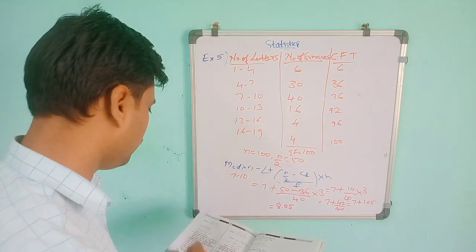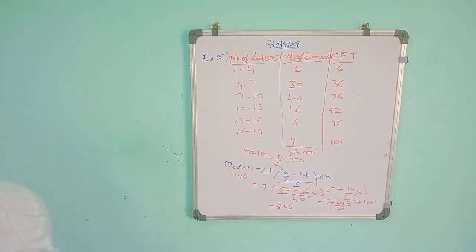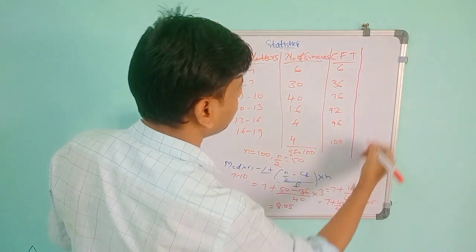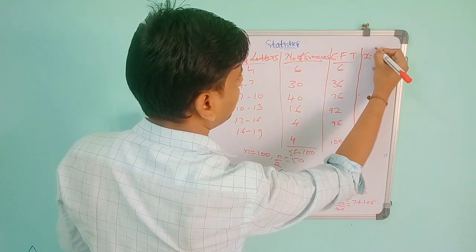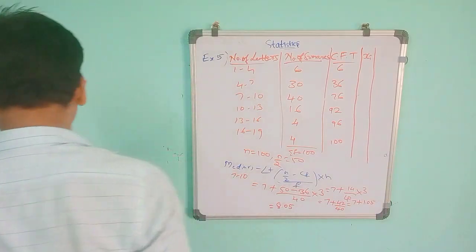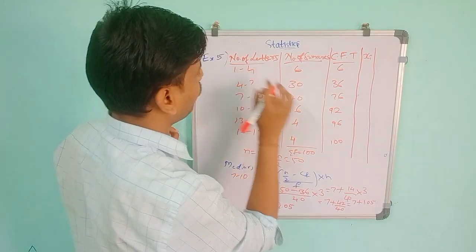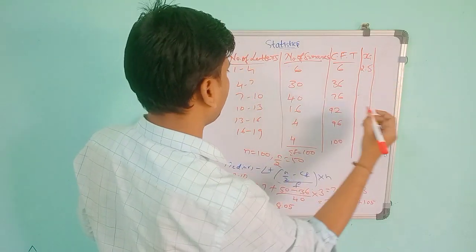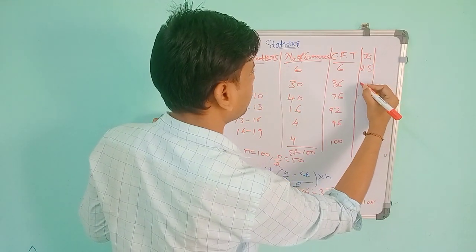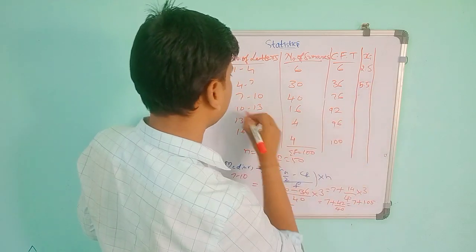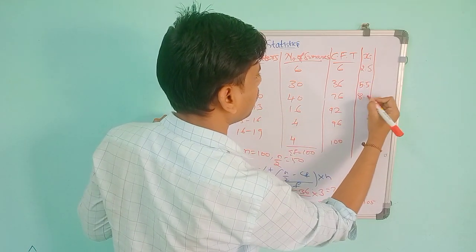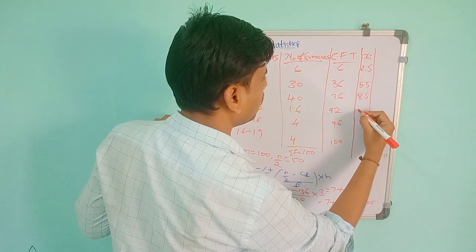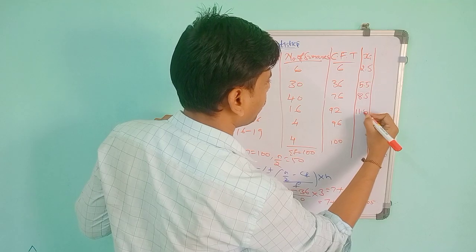Then I will do the mean also. For the mean we have to make one table, where we first find the midpoints. 1 plus 4 is 5, half is 2.5. Then 4 to 7 gives 11, half is 5.5. Then 7 to 10 gives 17, so 8.5. Then 10 to 13 gives 23, so 11.5.